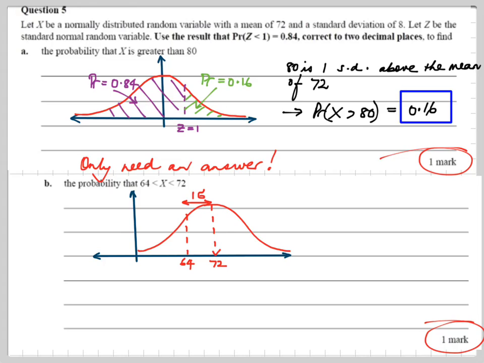So it's got a mean of 72 and a standard deviation of 8. We're looking for the probability that we're between 64 and 72. That's from the mean to 1 standard deviation to the left of the mean. Now, guys, I hope you've remembered your 68, 95, 99.7 rule, because you're going to need it.